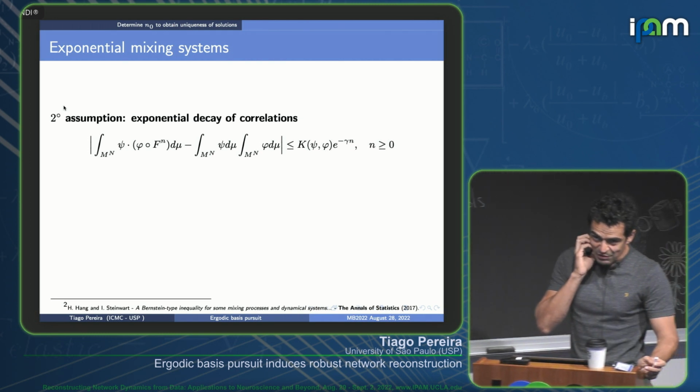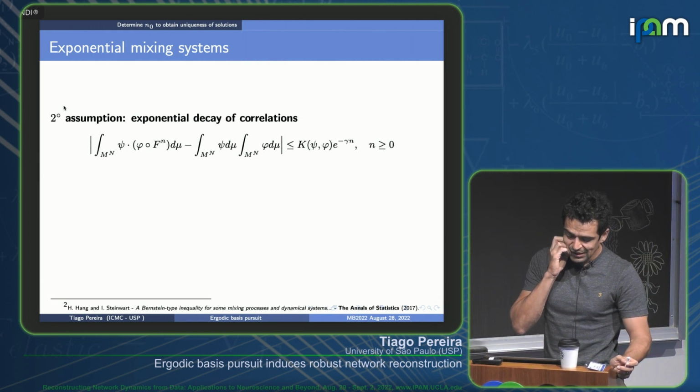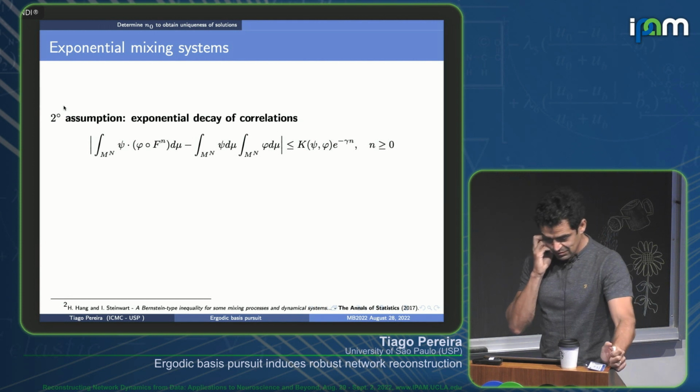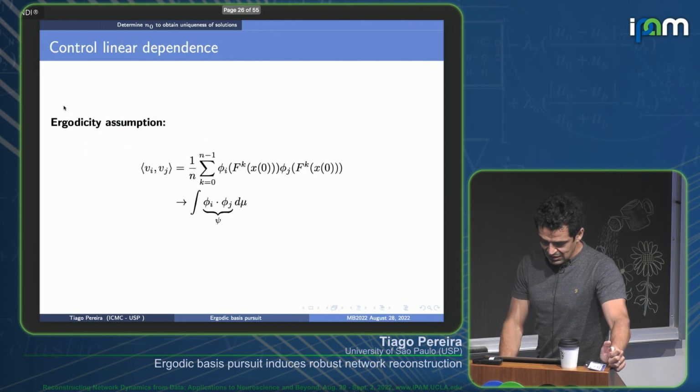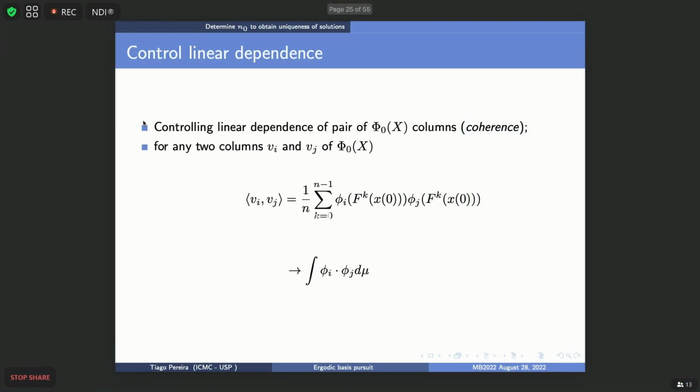In reality, what I need is a large deviation result, but I will state this large deviation as exponential decay of correlations. So I'm talking about two things now. First of all, let's recap. When I take the products of any two distinct columns of this matrix, the L2 inner product can be written as a time average over this observable.